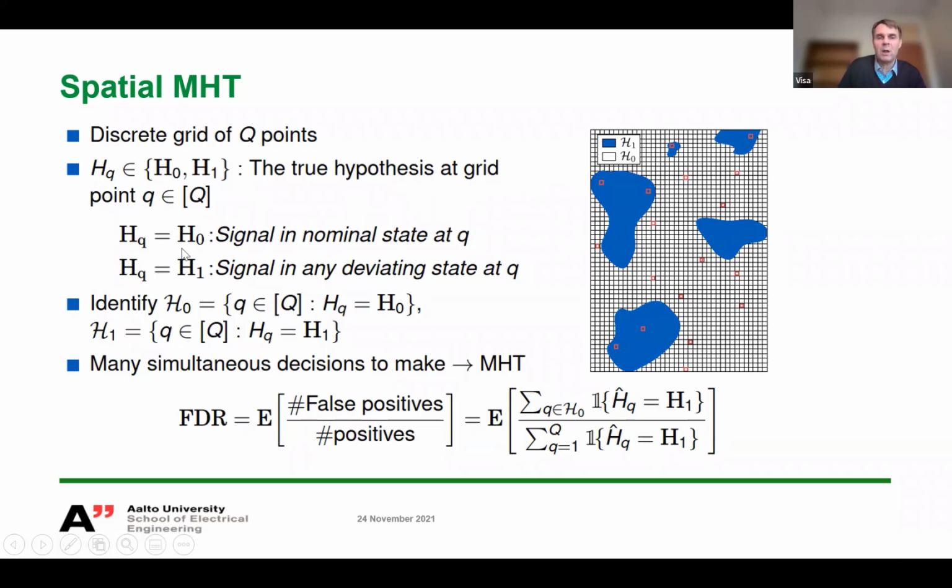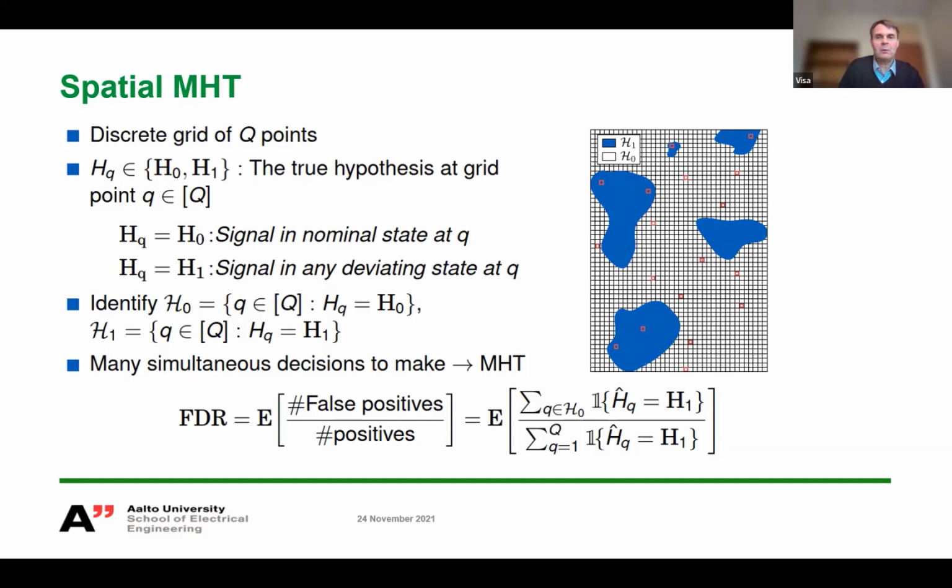And then there's some alternative hypothesis that describes the case where some deviation or anomaly compared to the null distribution has taken place. We wish to identify the points in this grid where these alternative hypotheses are in place and characterize their boundaries, and also the area between the sensor locations, to figure out where this hypothesis is in place.